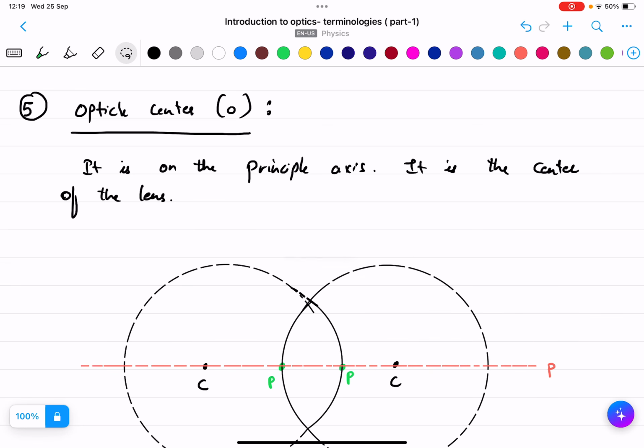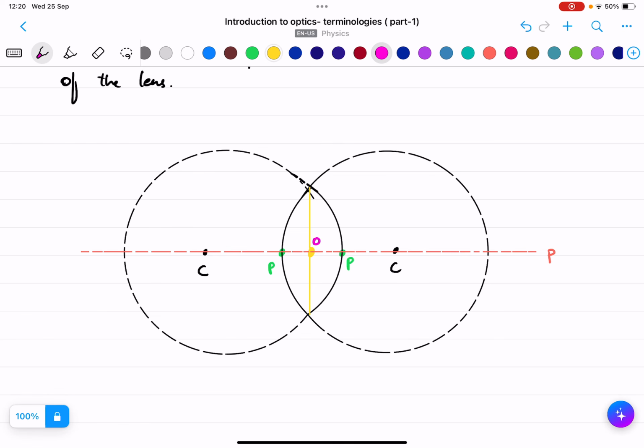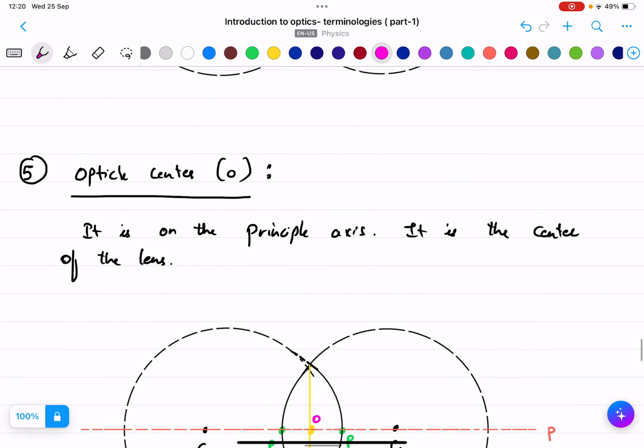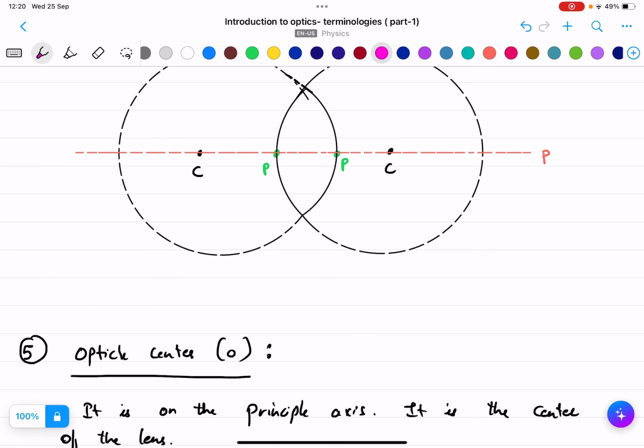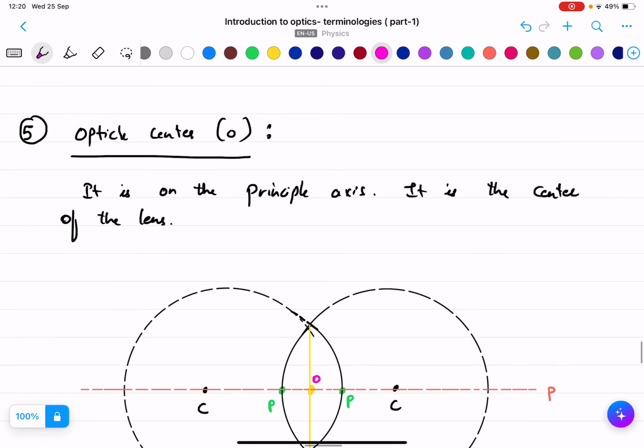When we speak about the optical center, always remember, we'll just draw a line like this on the center, and this point is your optical center, and we denote it with O. It is always on the principal axis. So pole is this one, and optical center is the center of the lens.